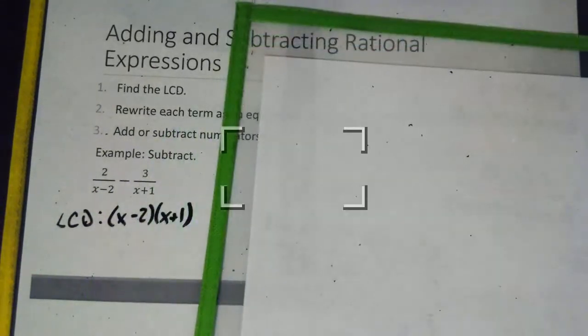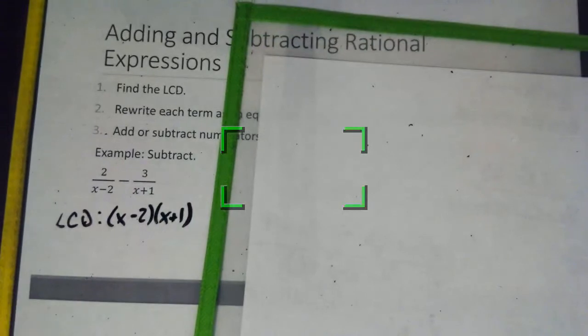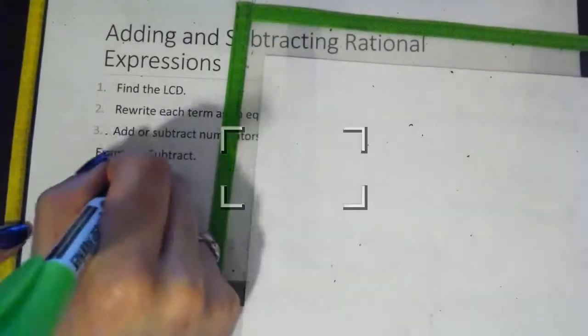So that means my first fraction, it already has the x minus 2, so it needs an x plus 1. My second fraction already has the x plus 1, so it needs the x minus 2.